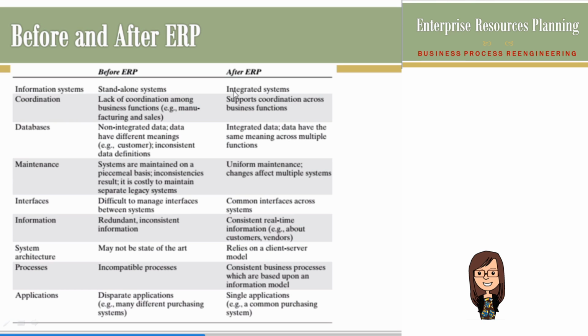And the integrated system makes coordination easier across business functions, and an integrated system also means the data is integrated. And when we talk about an integrated system, it means that maintenance is easier to do because we only need to maintain one system instead of many systems.